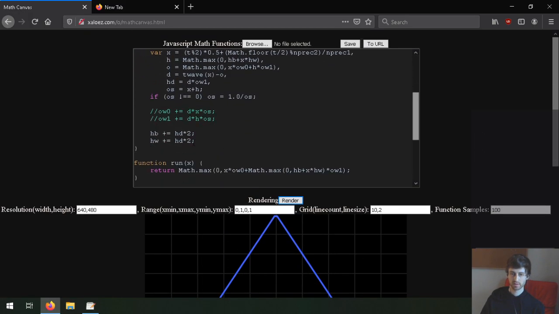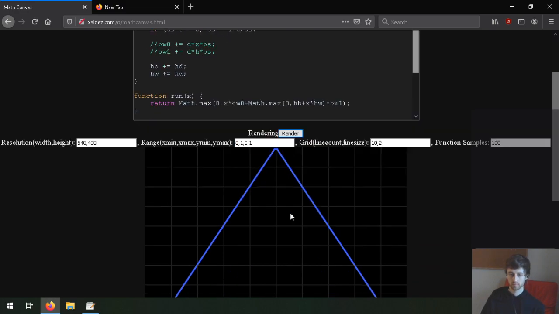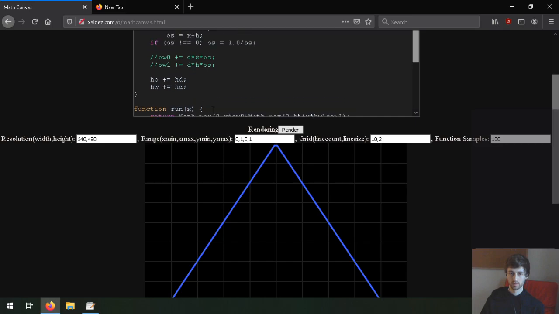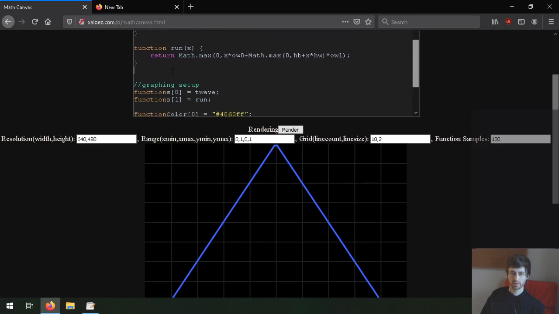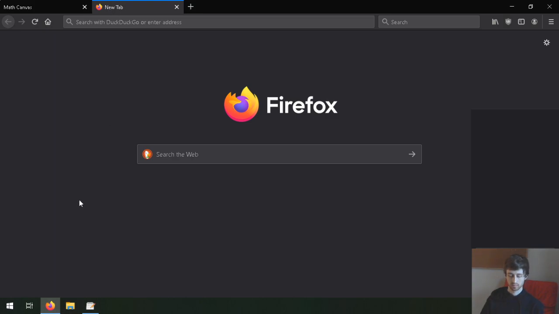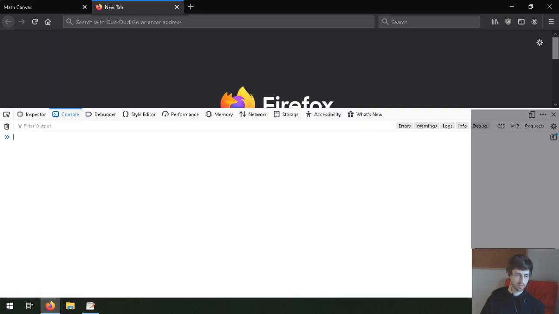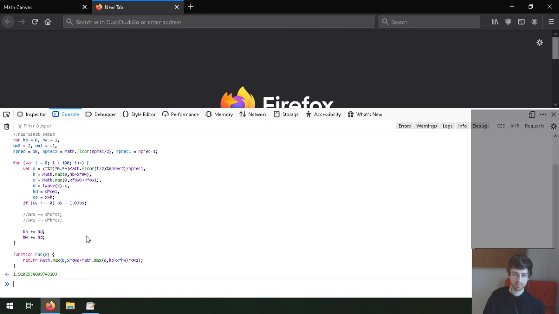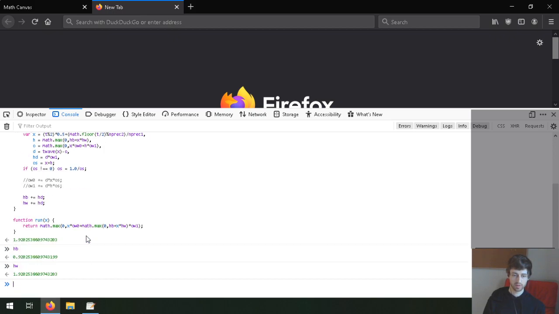It doesn't look like it's doing anything. Hold on, let me see what it's training to. I had this console here so that we can run it in the console and look at the output values specifically, what HB and HW are.